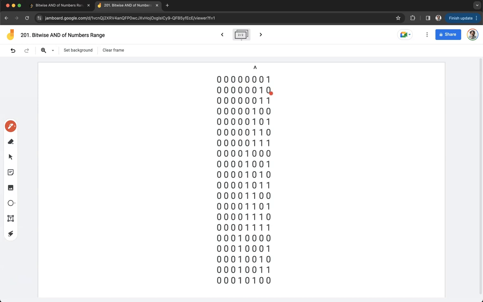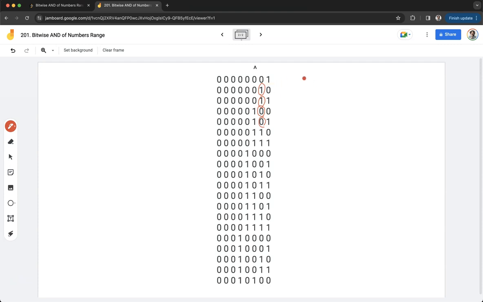For example, if you look at this bit, it's 1, 0, 1, 0, 1, 0, 1, 0, and so on. If you look at bit 1, this is bit 0, if you look at bit 1, it's 1, 1, 0, 0, 1, 1, 0, 0. So the period length here is 2.